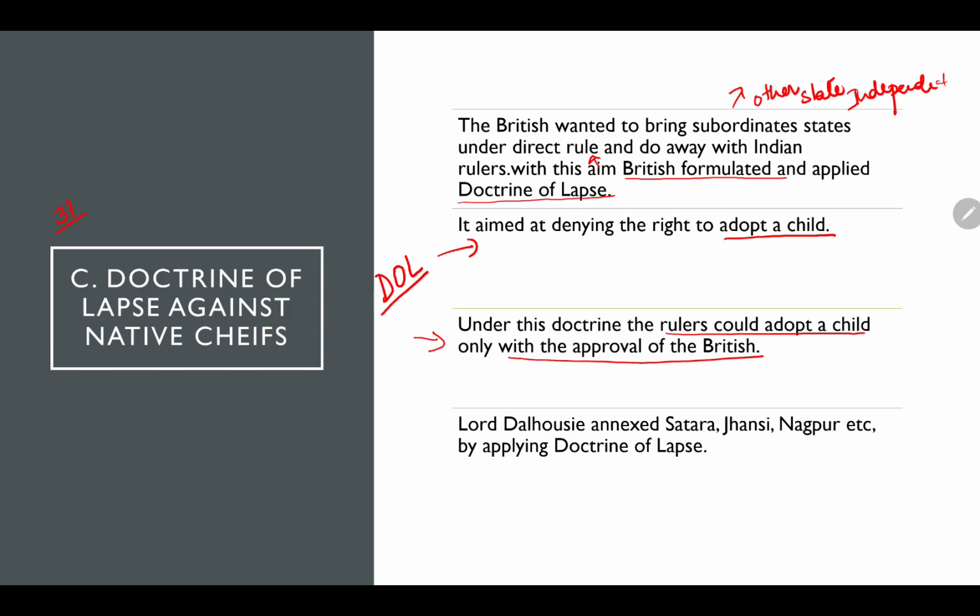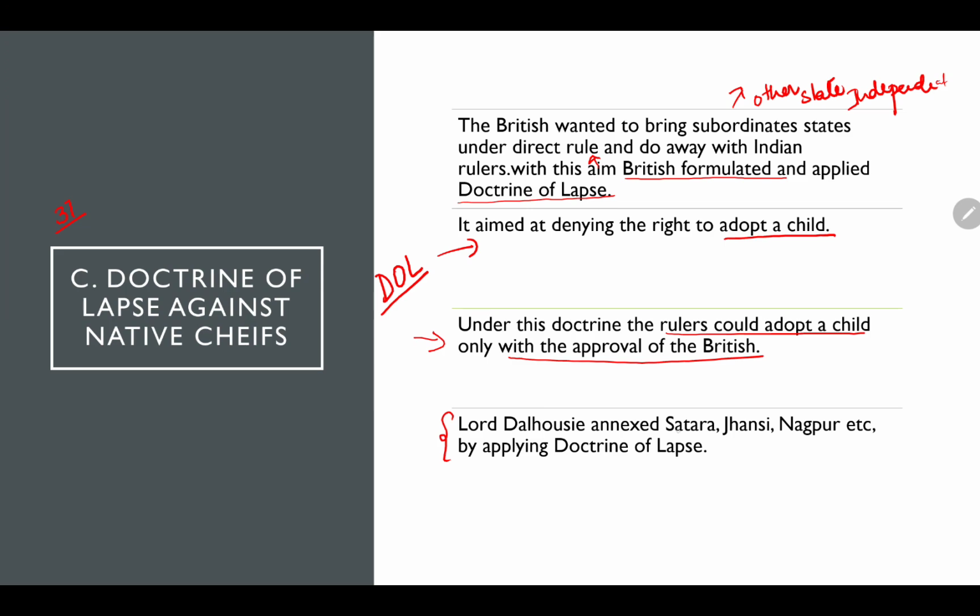If the British didn't approve the child adopted by the king, then the king's kingdom would go into the hands of the British. So only with British approval could the rulers of that kingdom adopt a child.